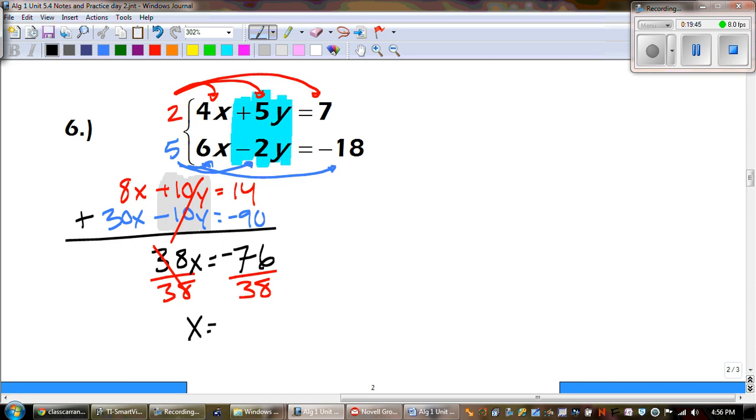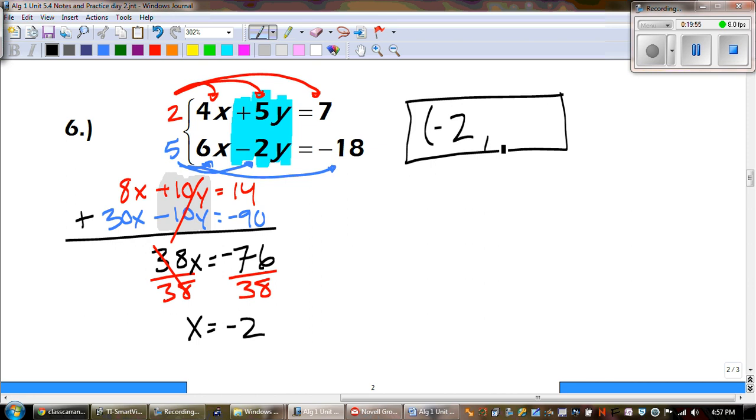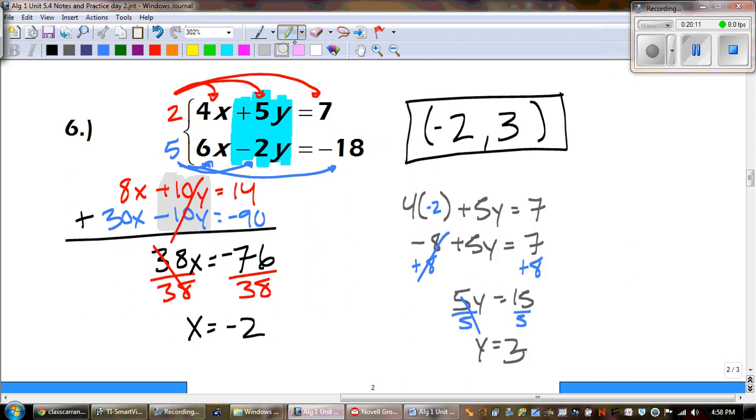And we get that x equals -2. Yes, I know 76 divided by 38 is 2. Okay, you tell me what y equals. Pause the video, and good luck. Okay, and when you're all done, you should get the point -2, comma, 3.